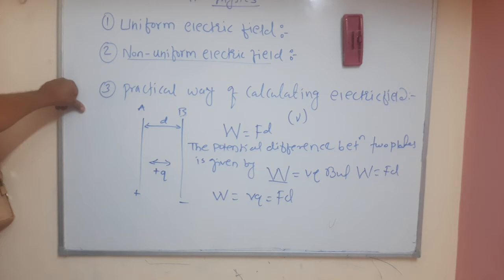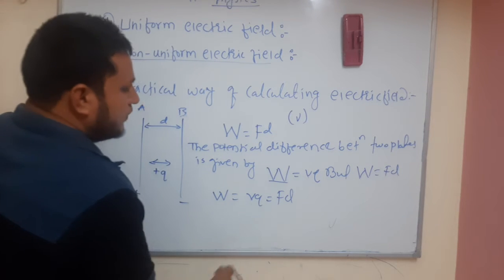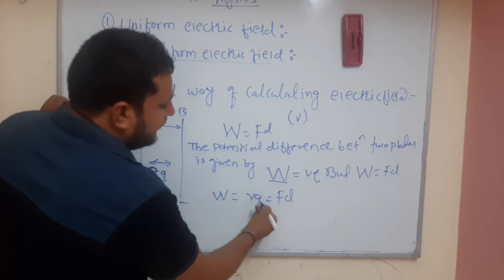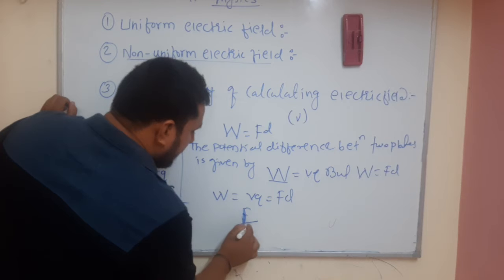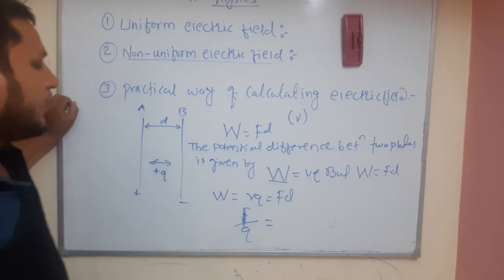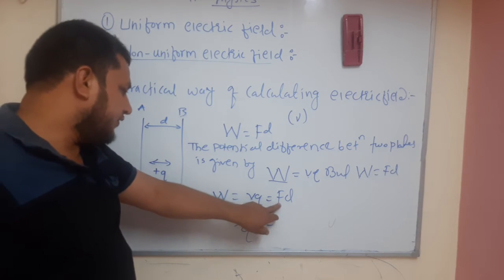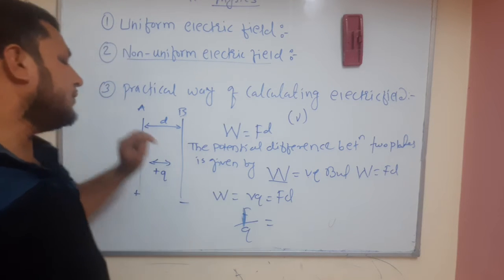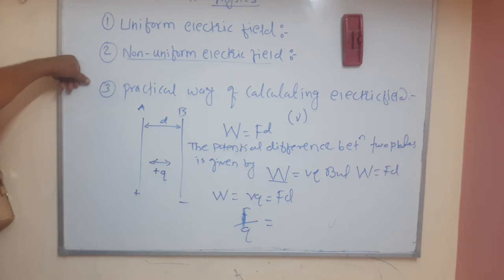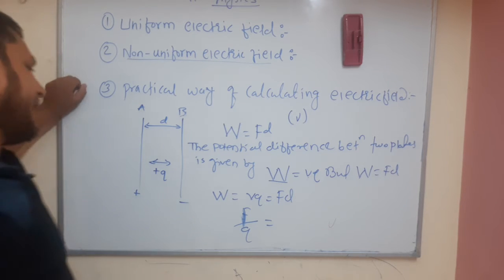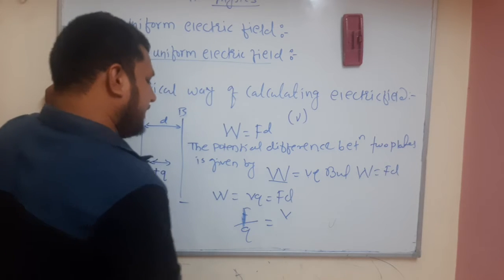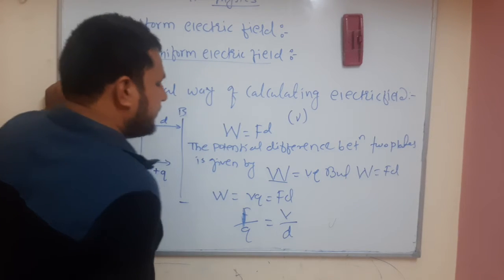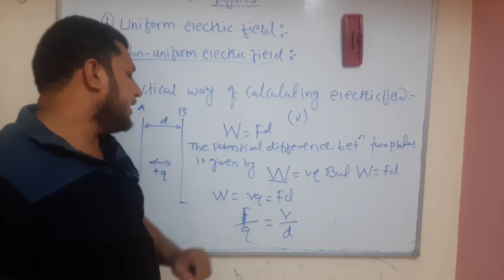Now next, therefore, we have F upon Q. Suppose we take F from the right hand side and Q from the left hand side, then the equation becomes F upon Q equals V upon D. Now the equation is balanced.